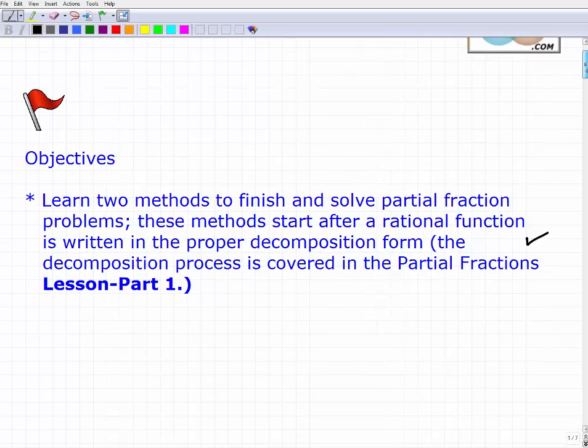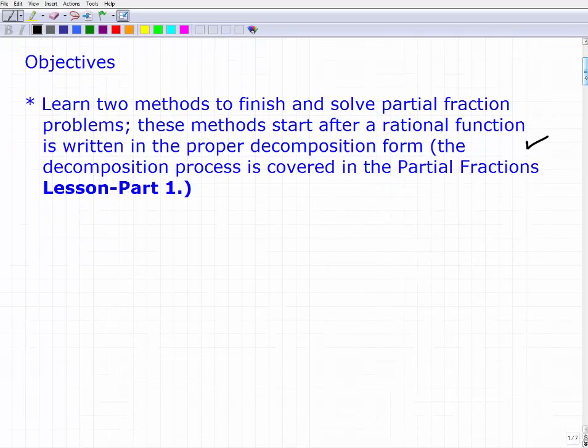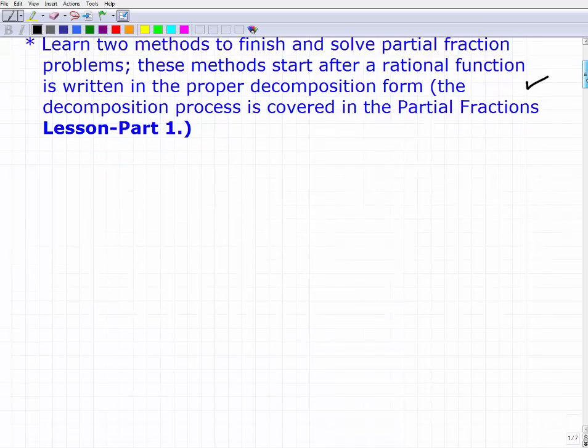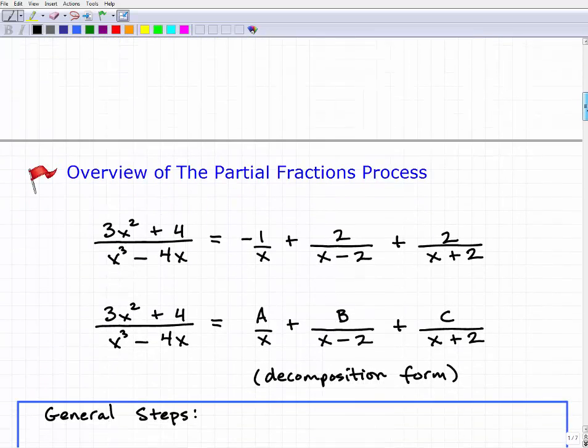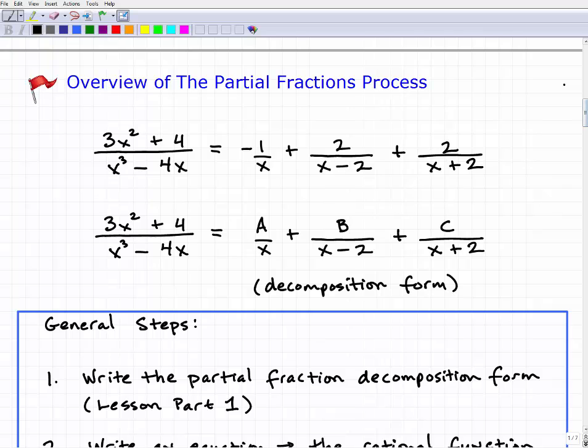We've got a good amount to cover here, and the example sets are significant, to say the least. Let's review what we are trying to do here with partial fractions. It's a big topic, but let's not lose sight of the overall objective. We're going to be given some sort of proper rational function, and the goal is to write this rational function as the sum of simpler fractions.